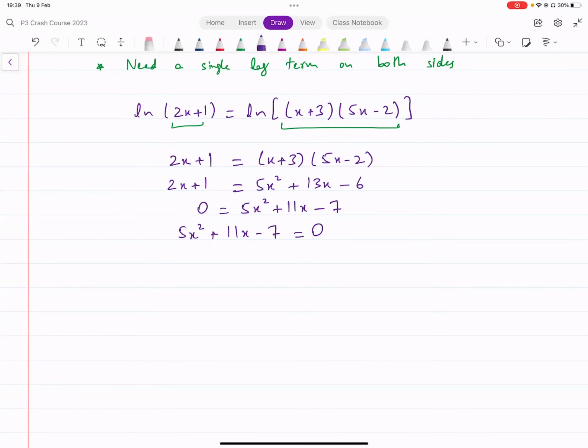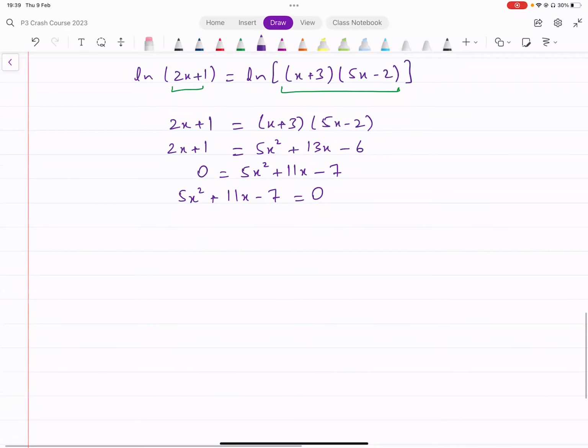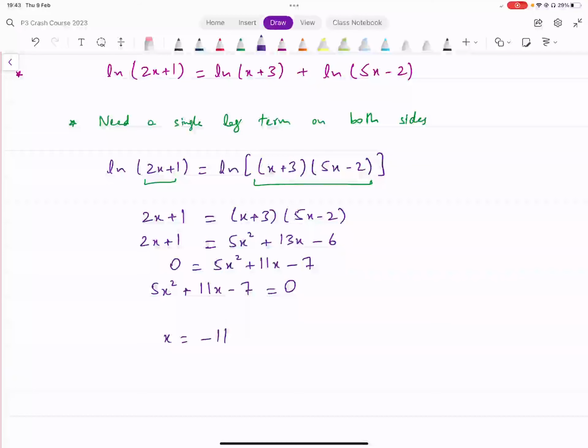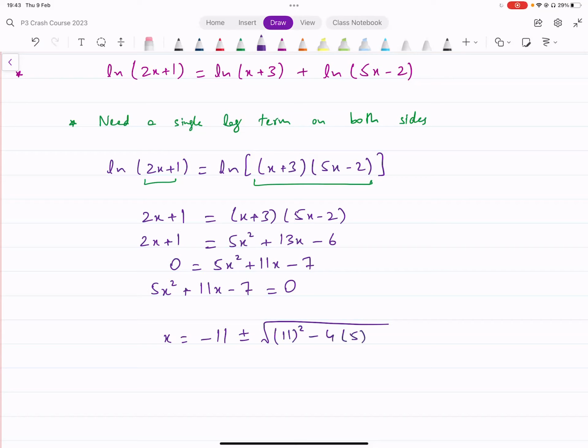Okay, it's a quadratic equation. You can think about whether you can factorize this. 7 and 5, that's 35. You can't really factorize this. Okay, so factorization is not possible here. So what is the alternative? We could use the quadratic formula that gives you minus 11 plus minus square root of 11 squared minus 4 into 5 into minus 7, divided by 2 into 5.